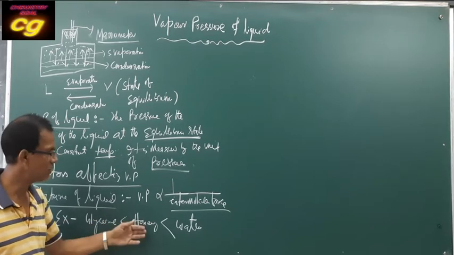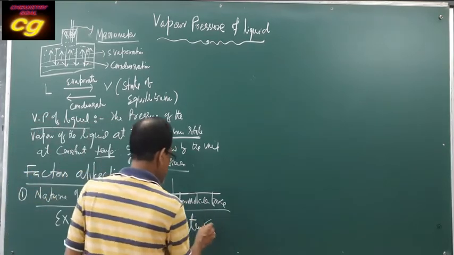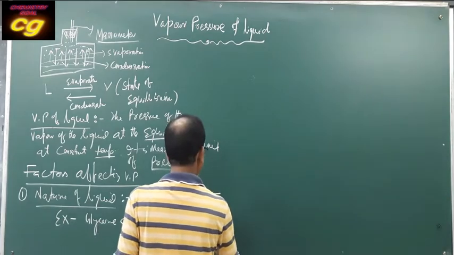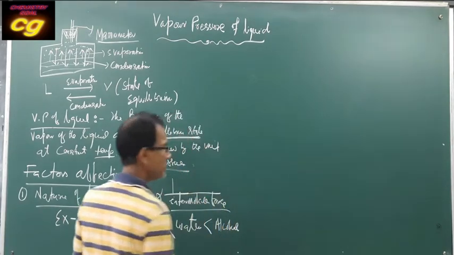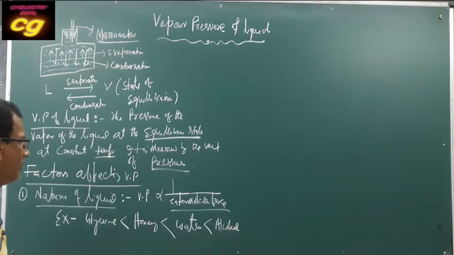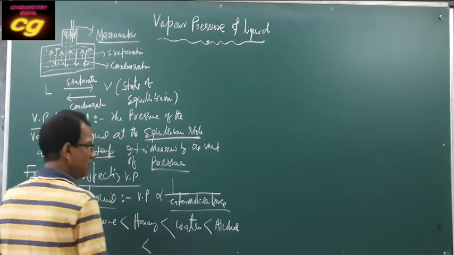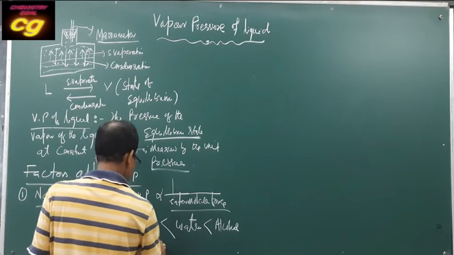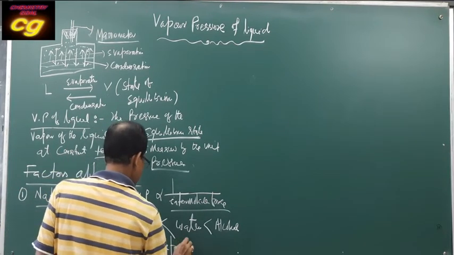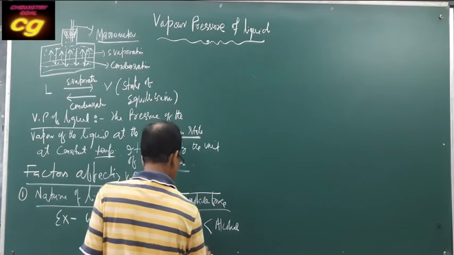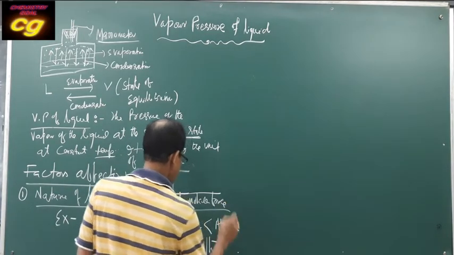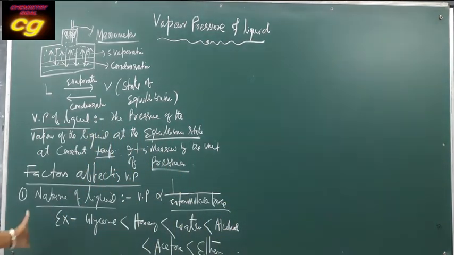So glycerin, honey, water, then spirit, alcohol, then acetone, then ether, like this.